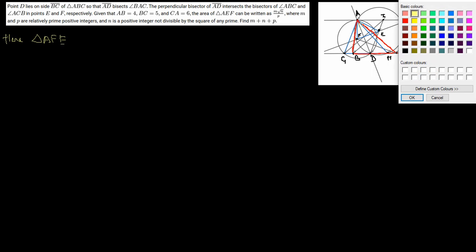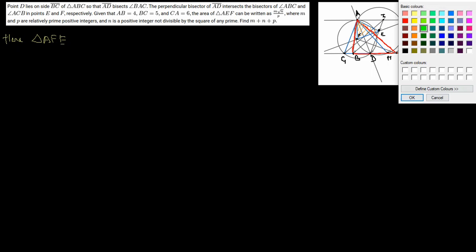Here triangle AFE, this particular triangle, and triangle AGH, this particular triangle.